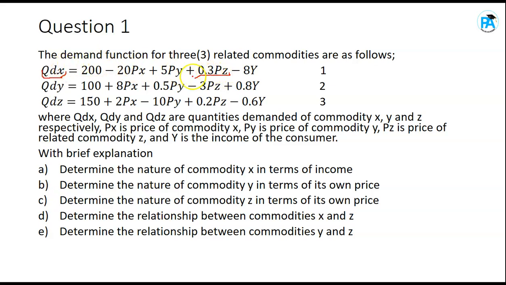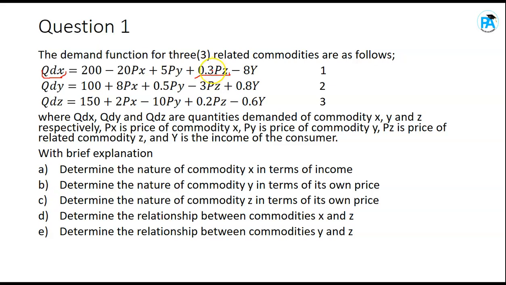Please write it down. Whenever there is a positive relationship between quantity demand of, let's say, commodity X and price of another commodity, let's say commodity Z, they are substitutes. Please write it down. The relationship between quantity demand of X and price of commodity Z is positive, so they are substitutes.